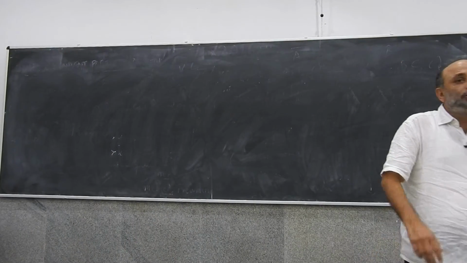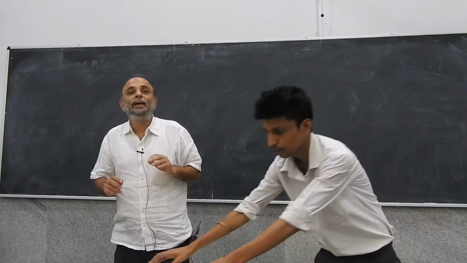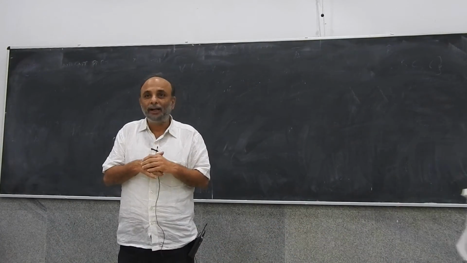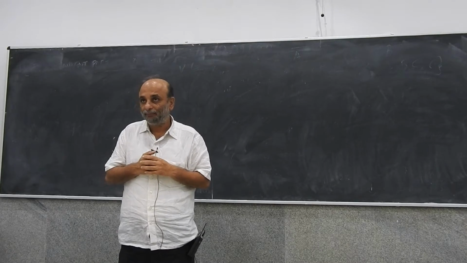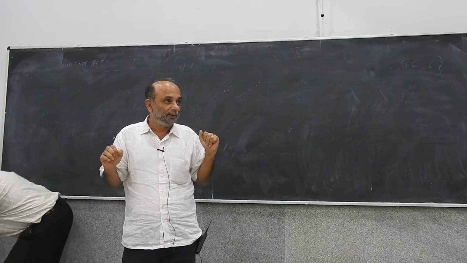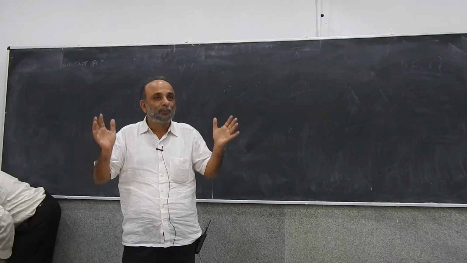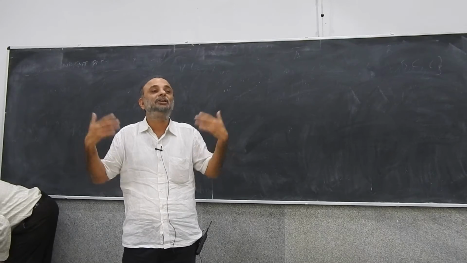Fine. So, in the last class, we talked about the basic idea of a random variable. There are three things involved in a random variable. What are they? One, an experiment which has a chance outcome.